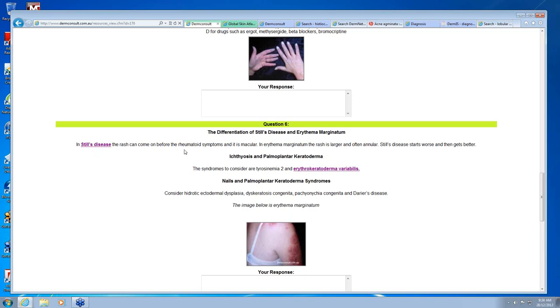Remember, if you get a macular rash and joint swelling in children, as well as Still's, consider rubella. And in Still's, it's a macular eruption. In erythema marginatum, the rash is larger and often annular. Still's disease starts worse and then gets better.